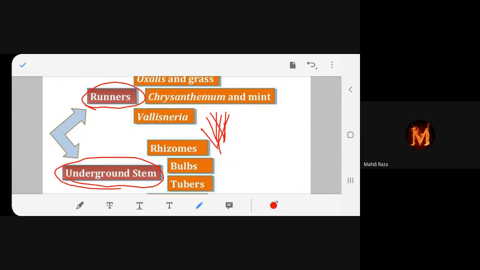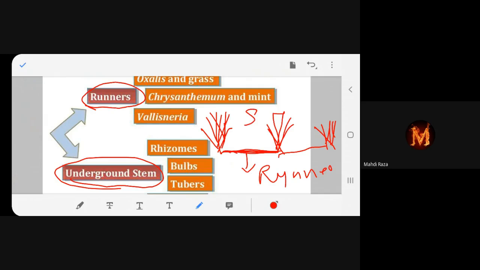Then it will have another runner, and then again a grass, then again a runner. Got it? This is a runner, in other words called stolon. By this it multiplies, grows, and propagates vegetatively.